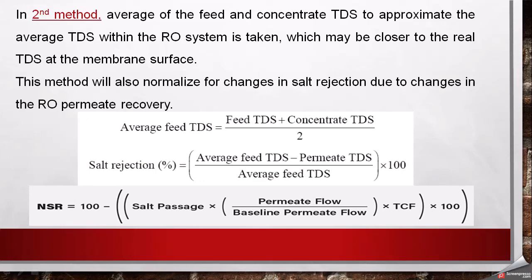So average feed TDS is calculated with this formula: feed TDS plus concentrate TDS divided by 2, and then we calculate the salt rejection using average feed TDS and permeate TDS, divided by average feed TDS, into 100. So NSR is 100 minus salt passage, divided into permeate flow into baseline permeate flow into TCF, which is temperature correction factor, into 100. In this way we will calculate NSR, normalized salt rejection, in reverse osmosis.